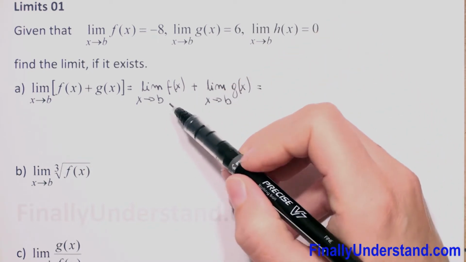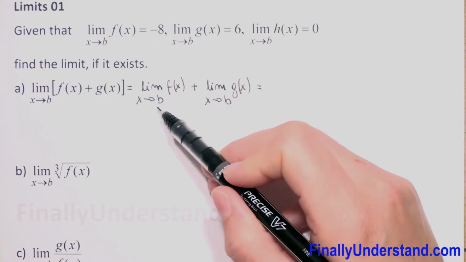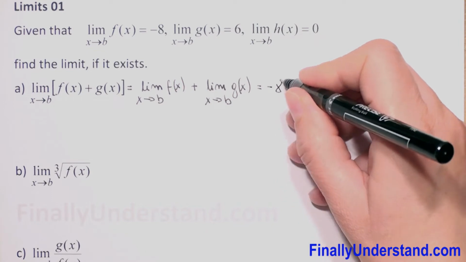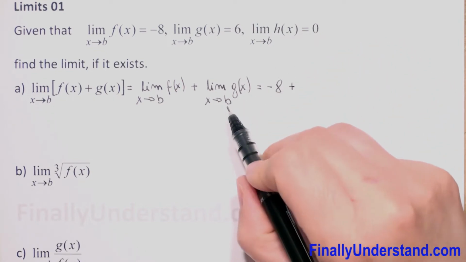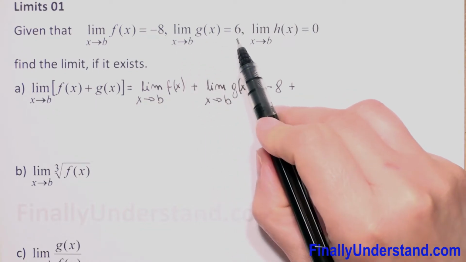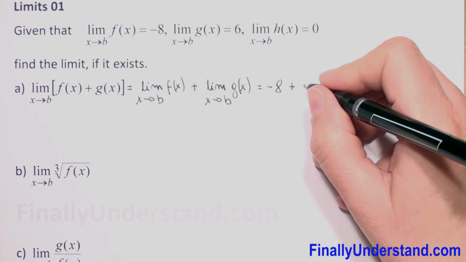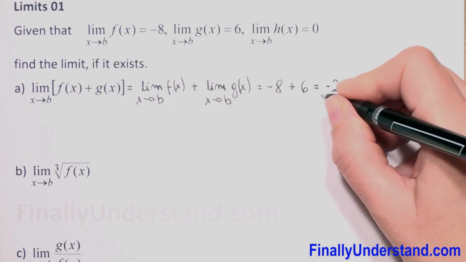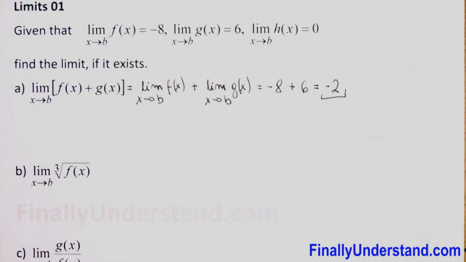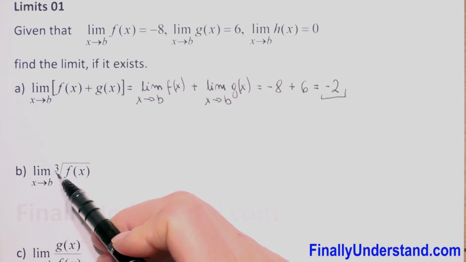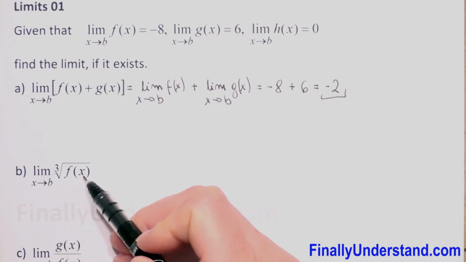We know that the limit of f of x as x approaches b is equal to negative 8, so we just replace this, plus the limit of g of x as x approaches b, which is equal to 6. So we have negative 8 plus 6. This is equal to negative 2. This is our solution. Next, we have to find the limit as x approaches b of the third root of f of x.